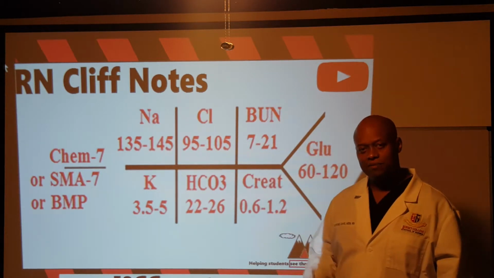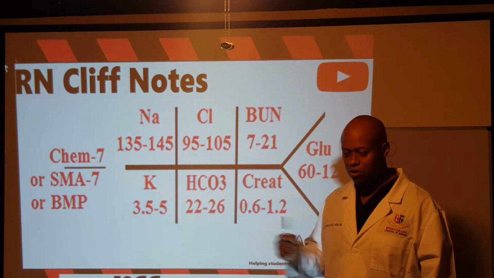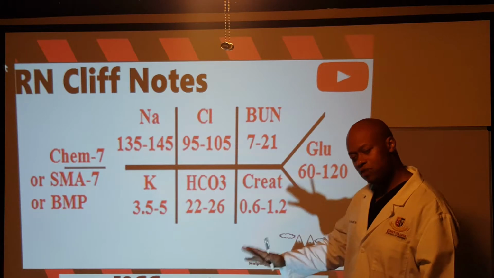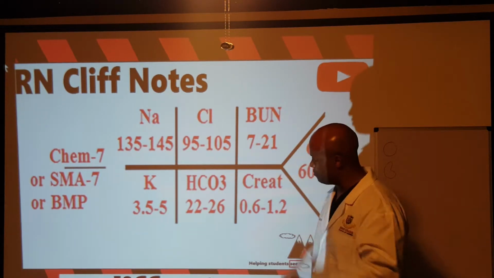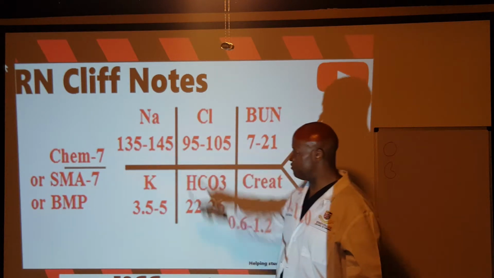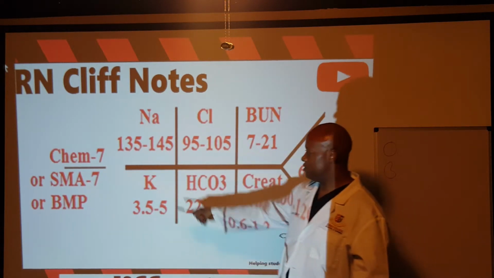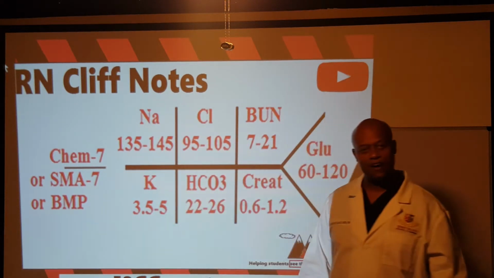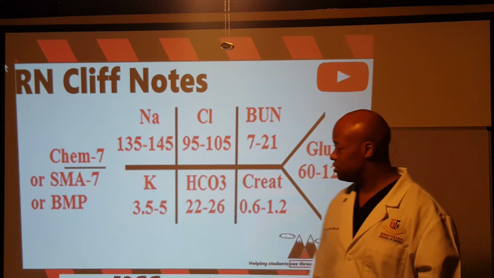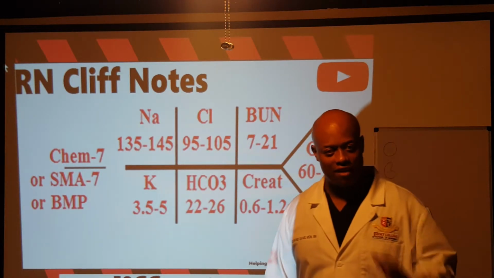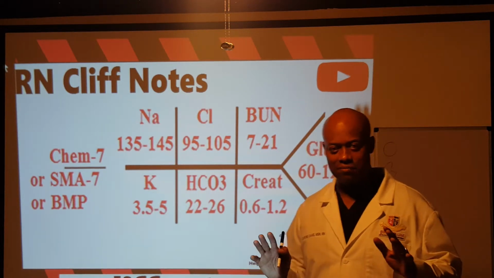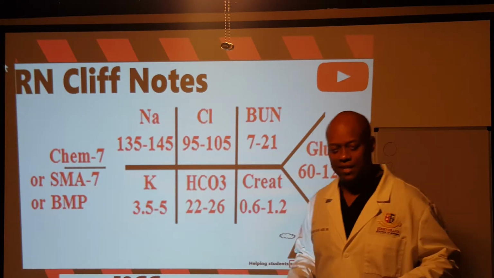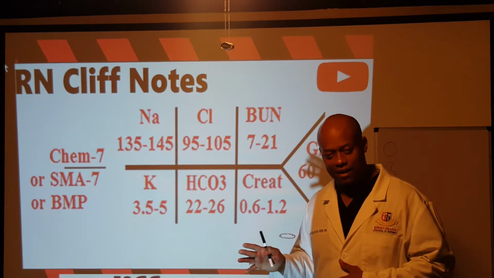Sodium and potassium, those are great electrolytes to just, boom, commit to memory. But we're going to try to get them all. Okay, so we know that sodium's 135 to 145, and potassium's 3.5 to 5. Notice it's 3.5 to 5, not 5.0. We try not to have trailing zeros and have people mix that up and think it's 50 or something like that. 3.5 to 5, okay?